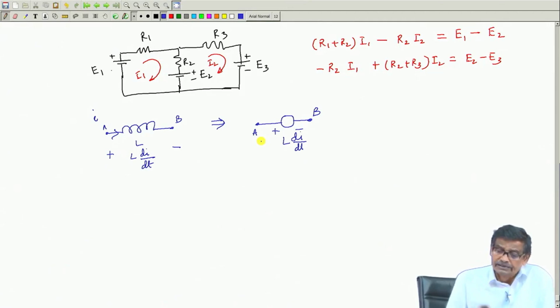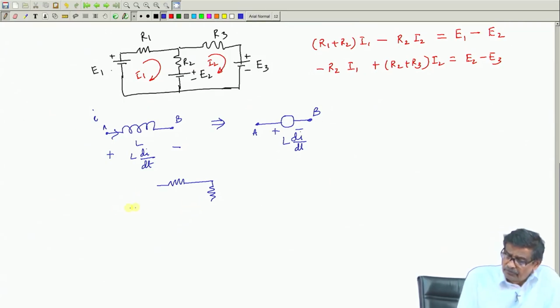So, remembering this, now let us see how I can write down the KVL equation when inductances are also present. For example, first let us take a simple case.